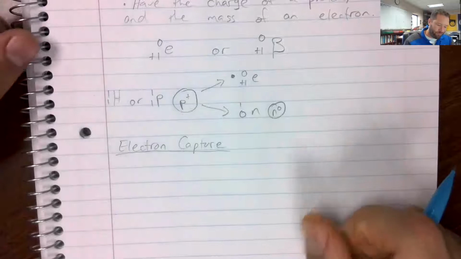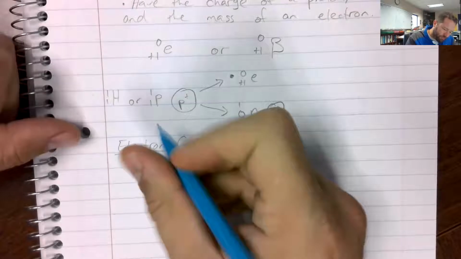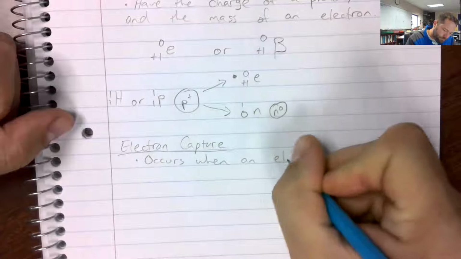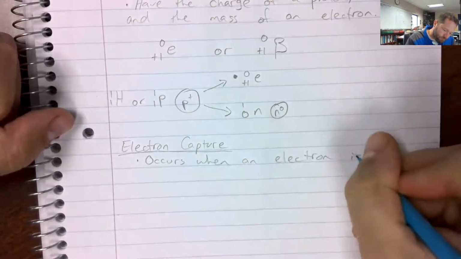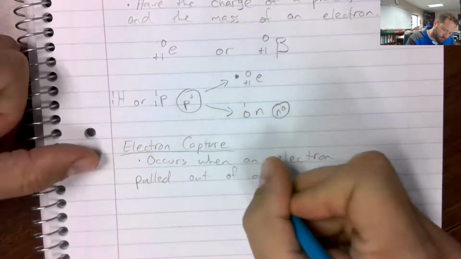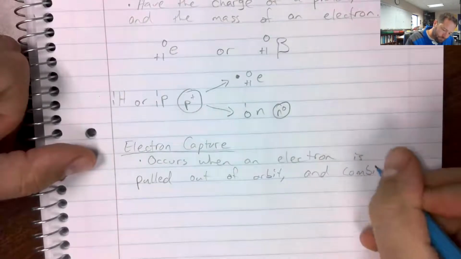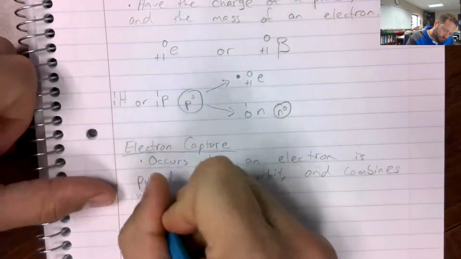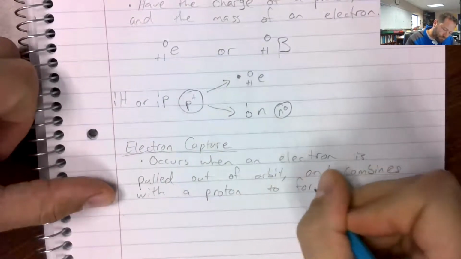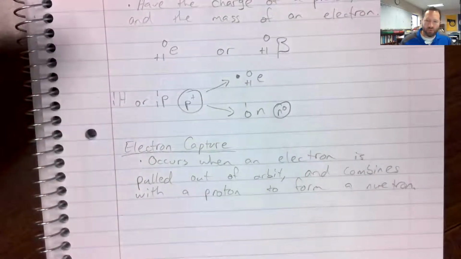Finally then, the last type of decay, electron capture. So electron capture, this one's kind of weird.